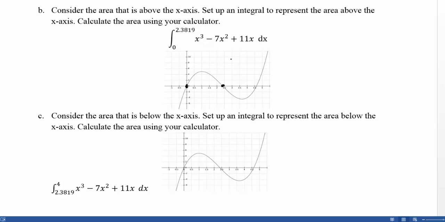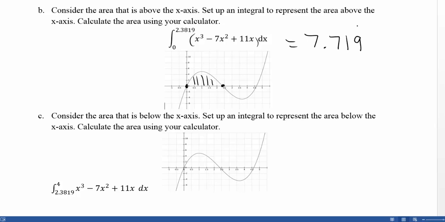So I'm going to set up an integral from 0 to 2.3819 of my function. When I plug that all carefully into my calculator, I get 7.719. And it comes out as positive, which I was expecting.